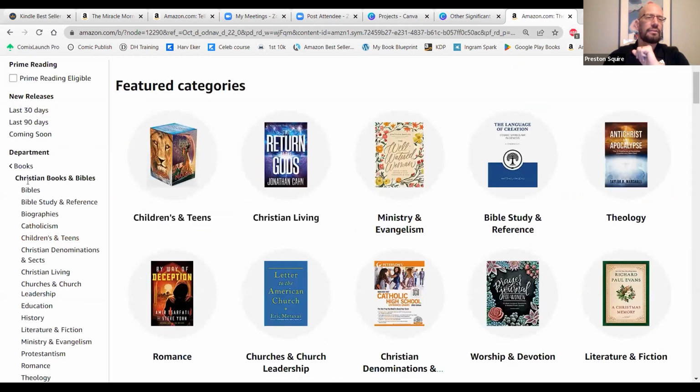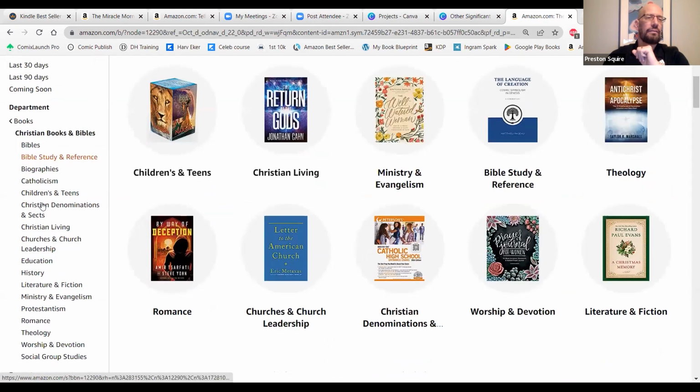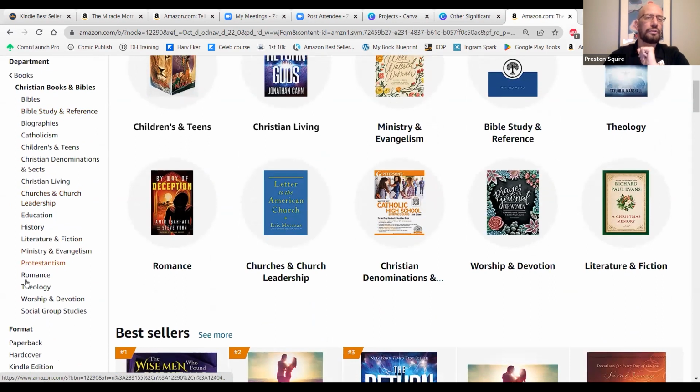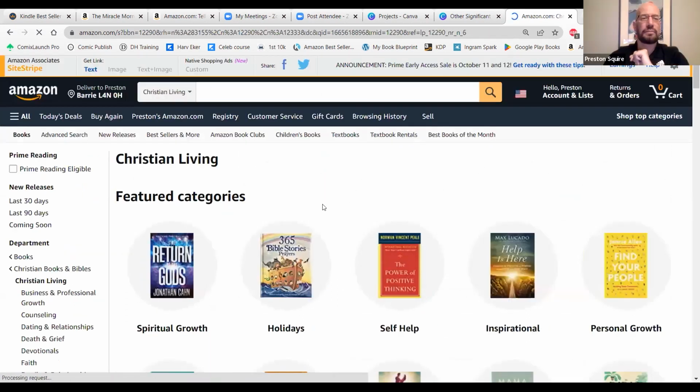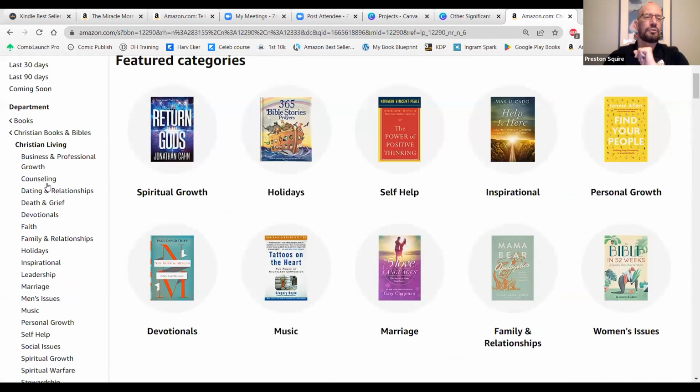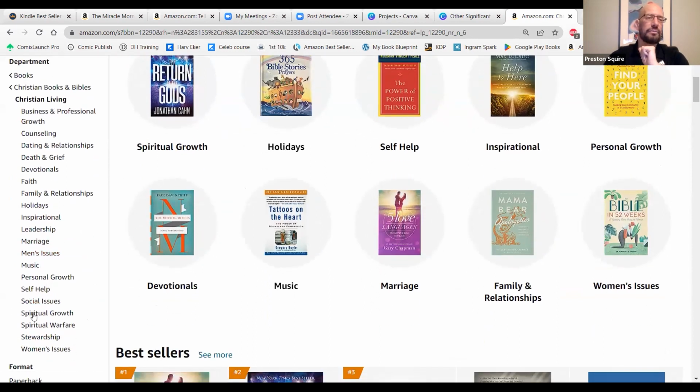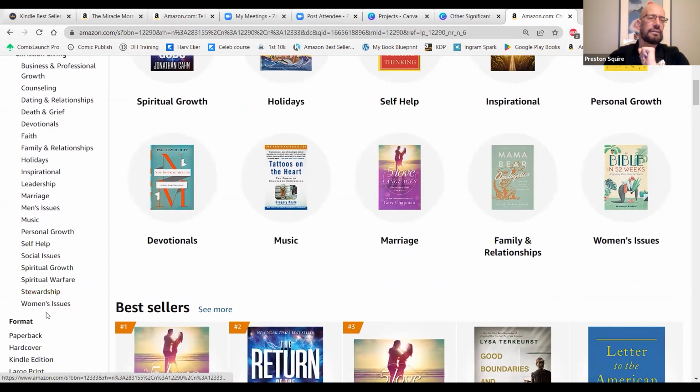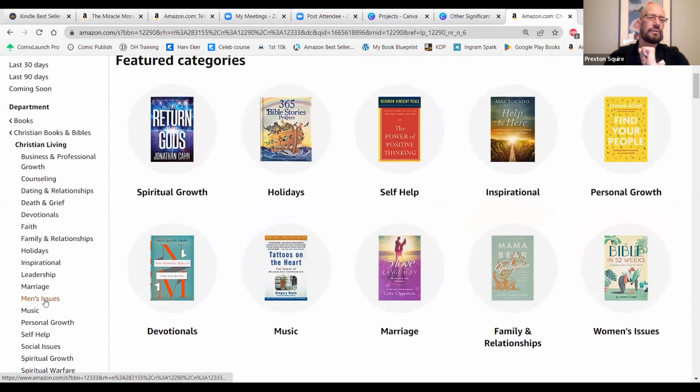And so you see on the side here, we now have the subcategories for Christian books. And Christian living is a subcategory. And even under Christian living, there are more categories here. So you can just keep going down as much as possible. Really competitive, but I think all of these are going to be competitive.